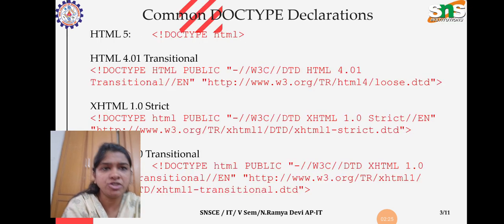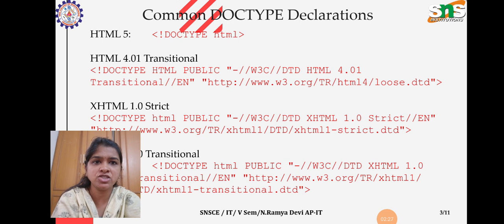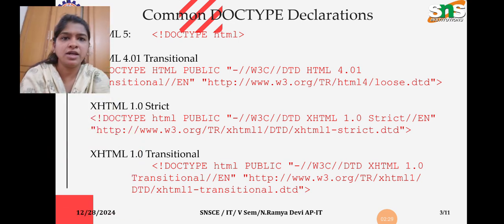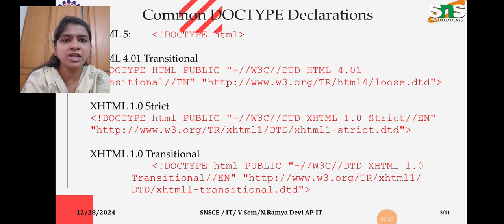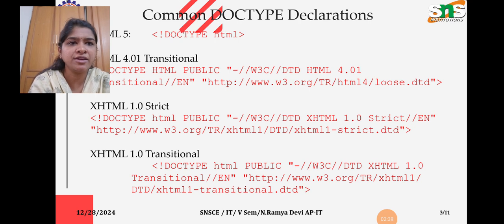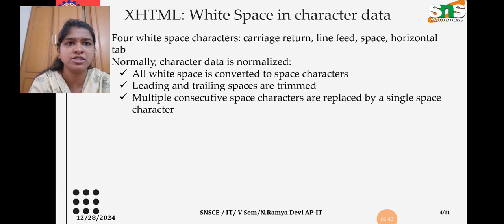This is the common doctype declaration. So we have transitional, strict and frameset: XHTML 1.0 transitional, XHTML 1.0 strict, and for transitional we again give the version XHTML 1.0 transitional.